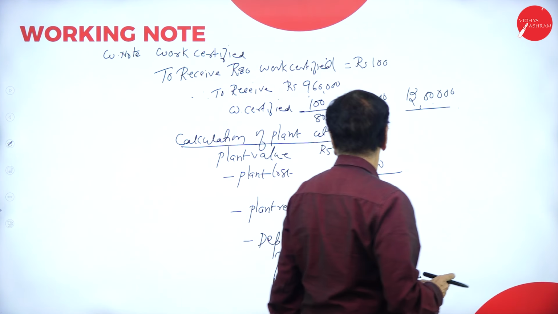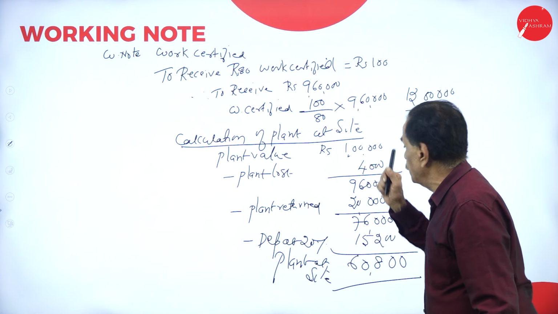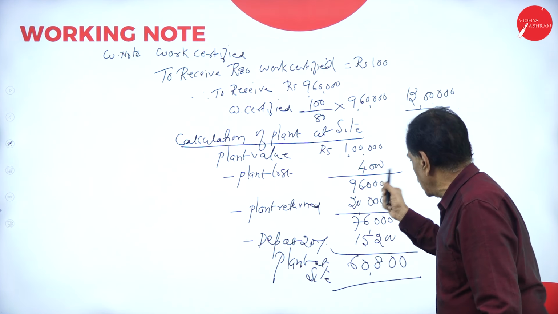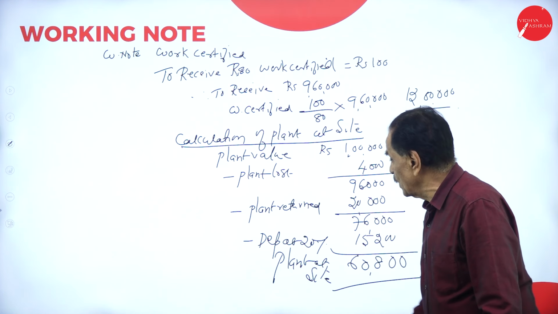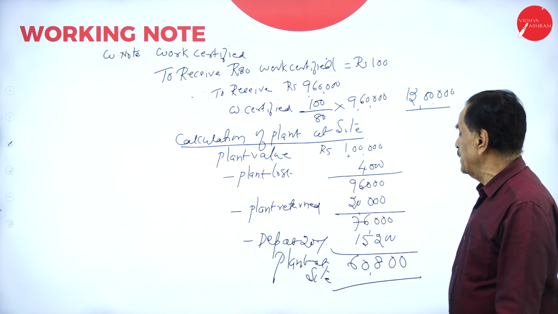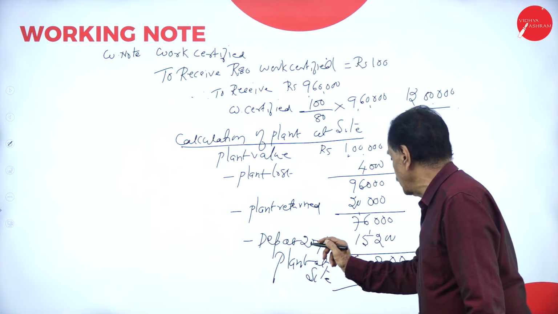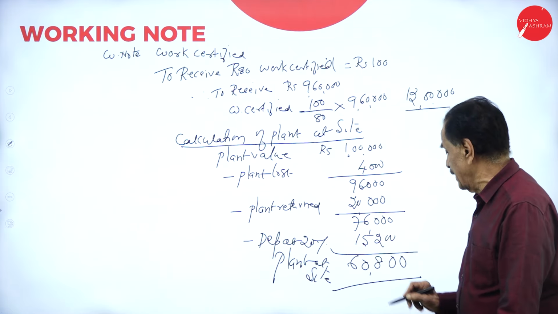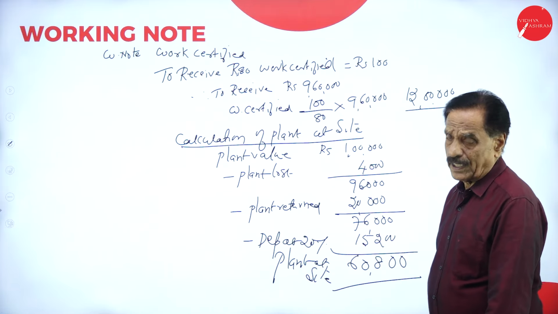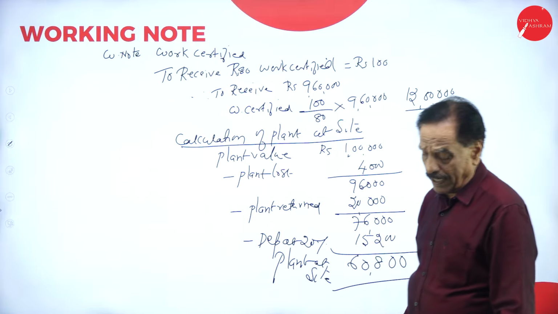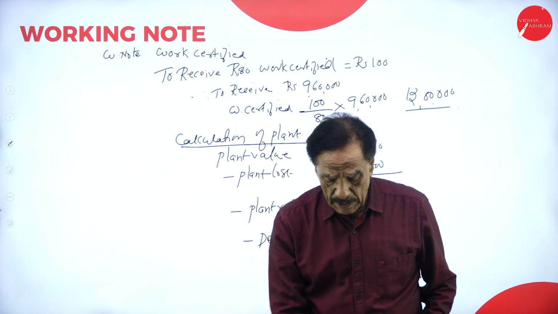What's the procedure? Plant value given 1 lakh minus plant lost, 96,000. Plant returned is 20,000. Balance is 76,000 minus depreciation of 20%, 15,200. This is the value of plant at site. How to show, we'll explain. Now, we'll move on to the answer.